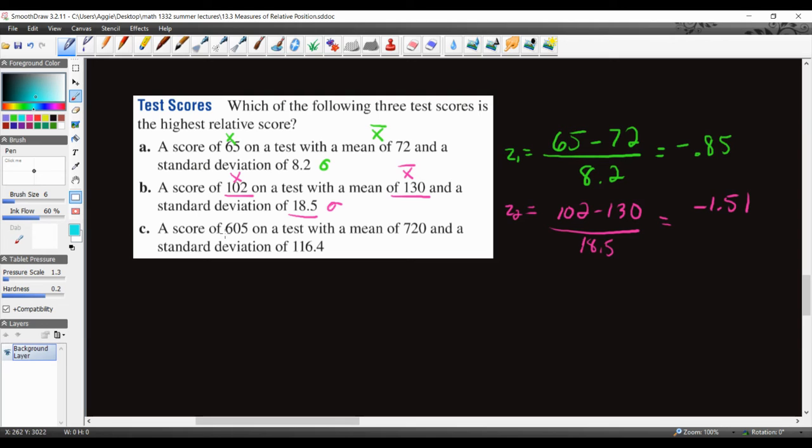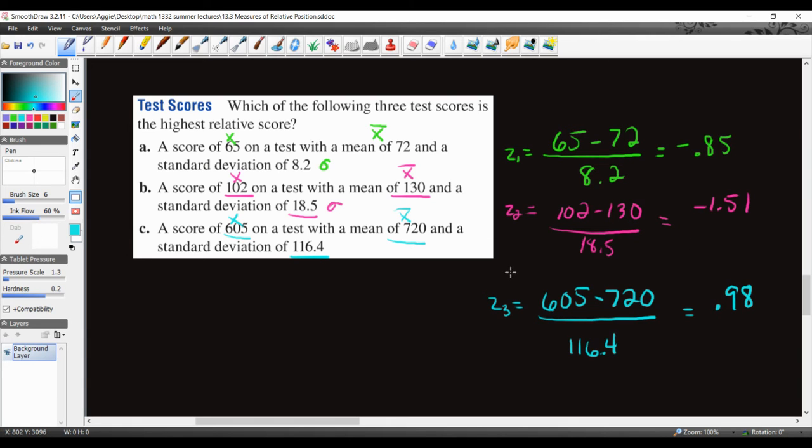And then we have the third one, a score of 605. There's our x. Let's call that Z3: 605 minus the mean of 720, and a standard deviation of 116.4. For this one, we got 0.98.